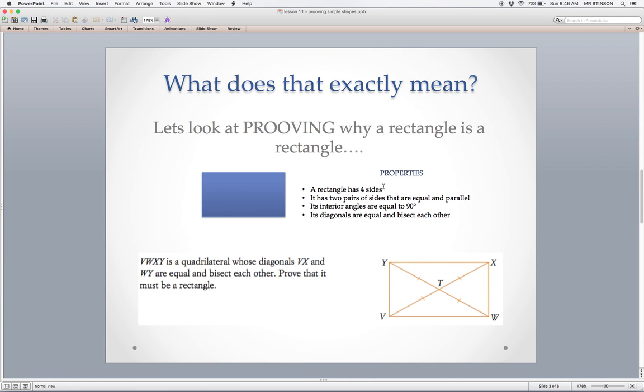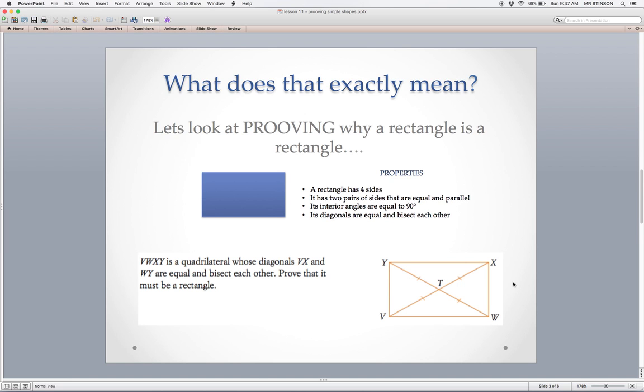Let's have a look at the properties and look at the example below, and we'll give you a clue as to how you might go about proving why this diagram here, or the shape VYXW, is actually a rectangle. 1. A rectangle has four sides. This shape clearly has four sides. 2. It has two pairs of sides that are equal and parallel.